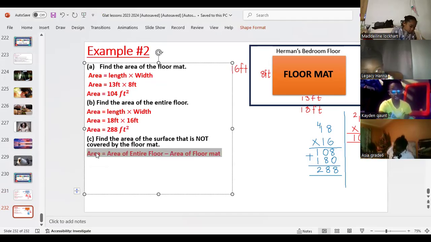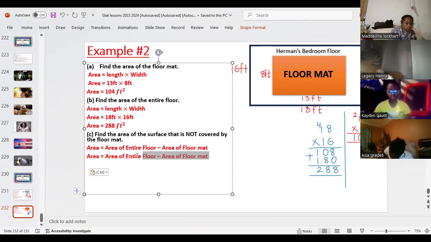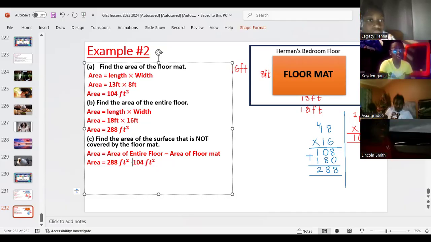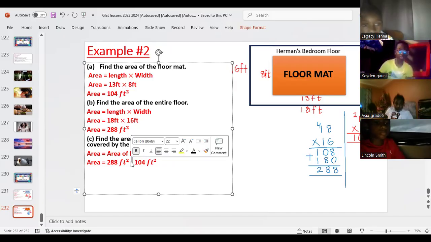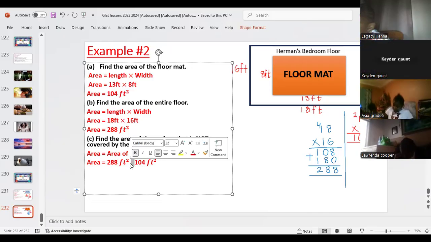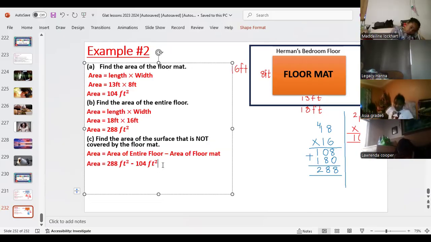So that means the area is going to be equal to what? What is the area of the entire floor? 288 feet squared, minus 104 feet squared.